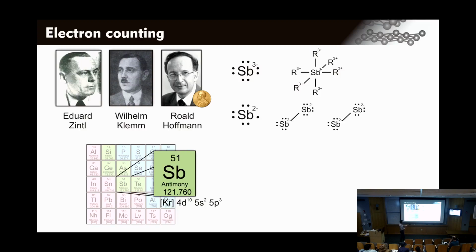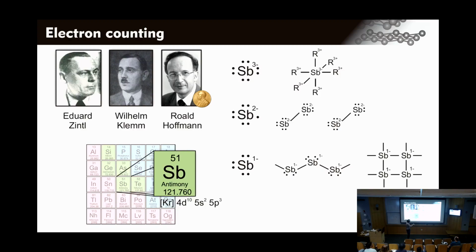If I go to 2-, this is similar to a dimer. It has 1 extra electron and a lack of an electron here, so it'll like to form these dimers with neighboring sites. This is kind of like halogens. And then 1-, it'll form these chains, or alternatively, it'll form square nets.